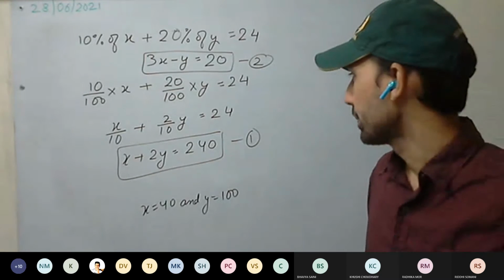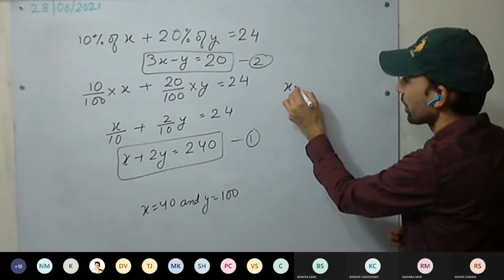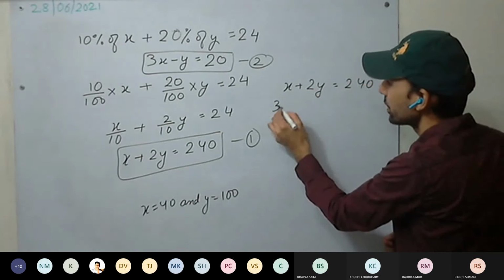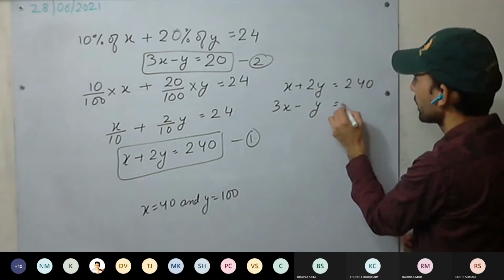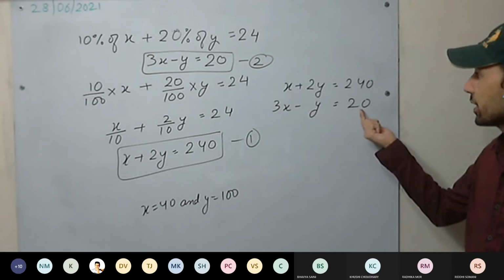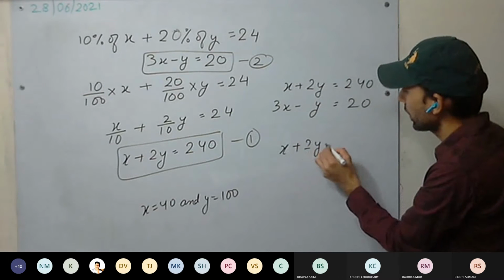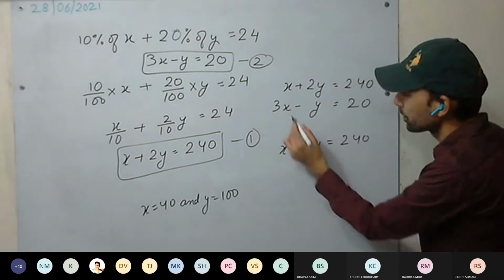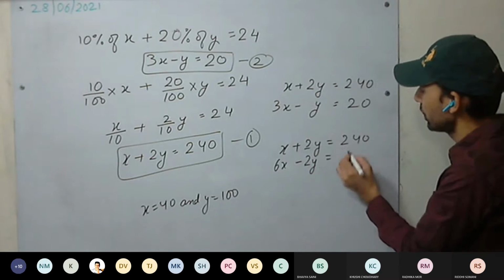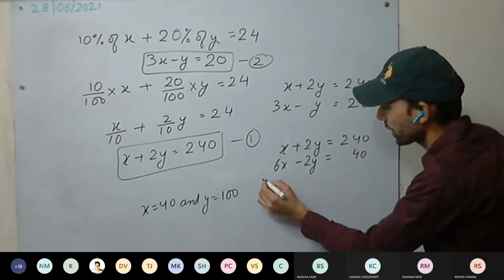Navya, have you got the answer? Sir, I am solving. Okay, solve it. This is our first equation, 3x minus y, and this is our second equation. If you multiply the second equation by 2, x plus 2y equal to 240 becomes 6x minus 2y equal to 240.